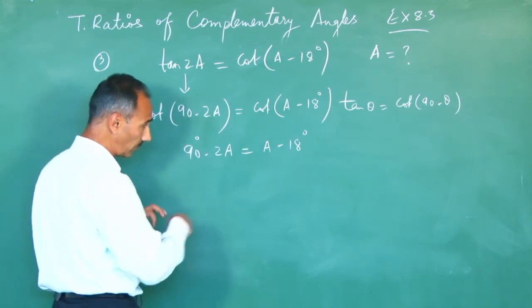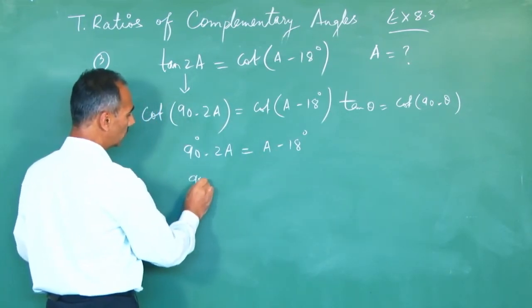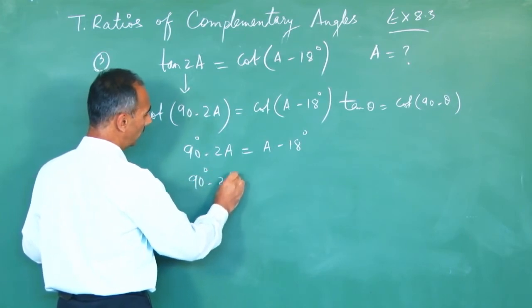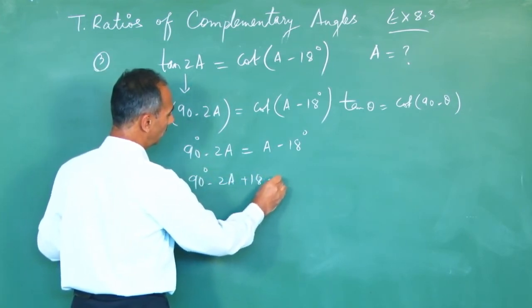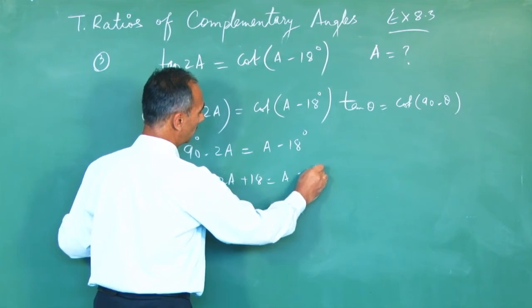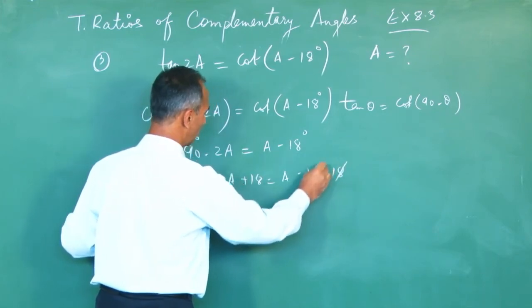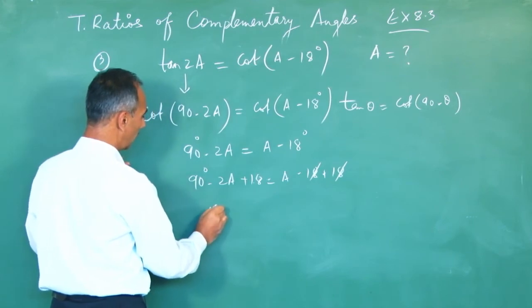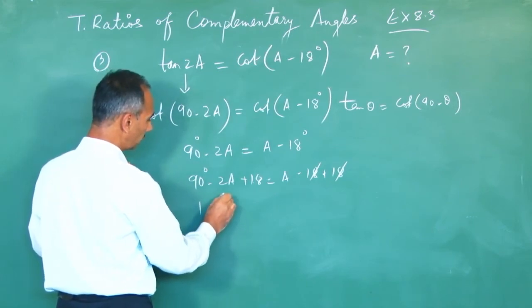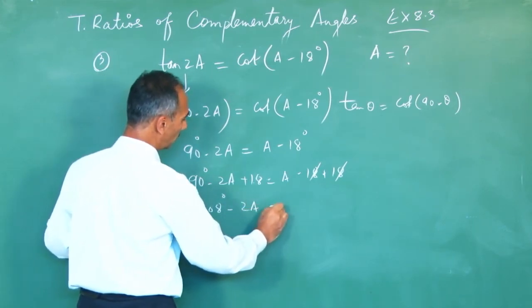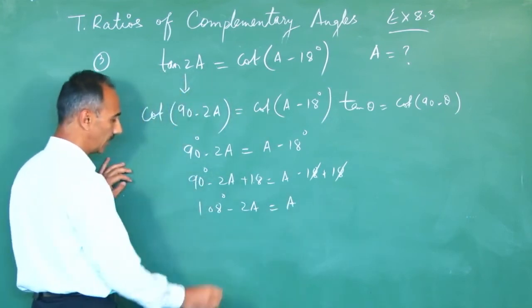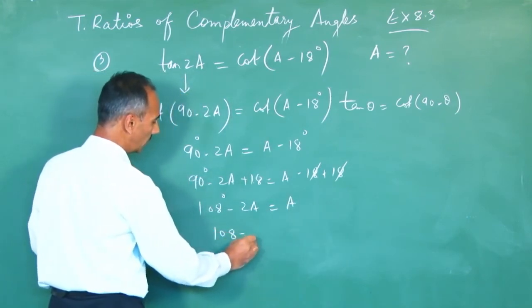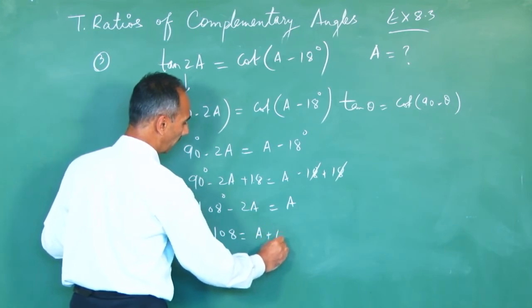So adding 18 on both sides, 90 minus 2a plus 18 will be a minus 18 plus 18, this cancels. So 90 and 18 is 108, minus 2a equal to a. If I transpose directly, I will get 108 equal to a plus 2a.